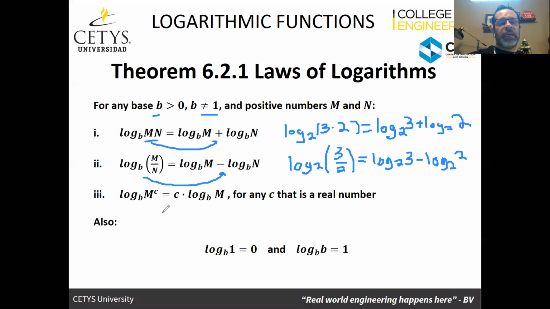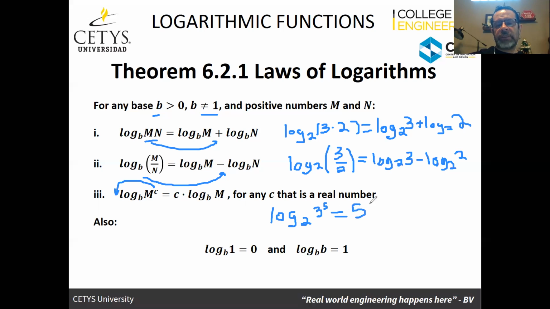If I have a log of a number that's elevated to a power, then what happens here is that this power comes back multiplying here. And this also comes from the laws of the exponents and the inverse. So for example, if I have log base 2 of 3 elevated to the 5, then this 5 is going to come over here multiplying.